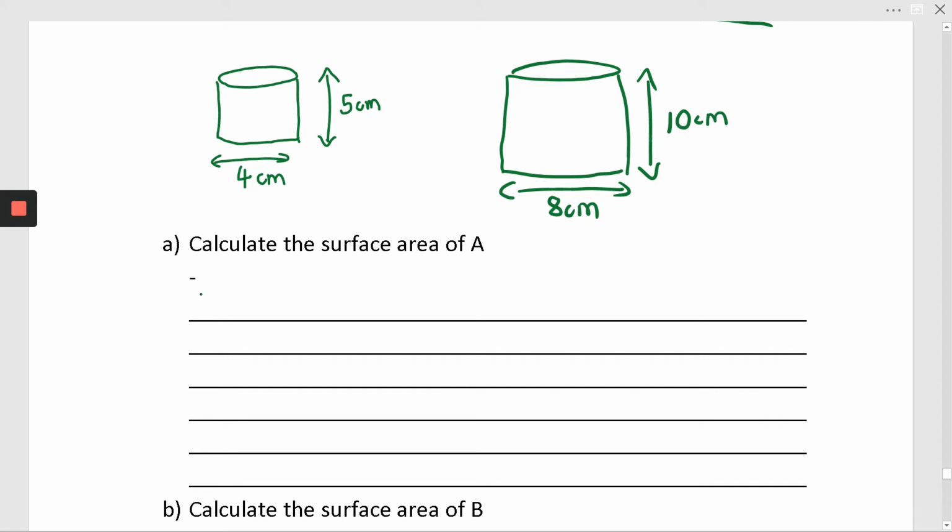Okay, reminder, surface area of the cylinder is going to equal 2 of the circles, so 2 pi r squared, plus the wraparound bit, 2 pi rh. Okay, so that is going to be 2 pi, and the radius, careful, it's not 4, the radius is half of the diameter, so that is 2 squared, plus 2 times pi times 2, and what's the height?